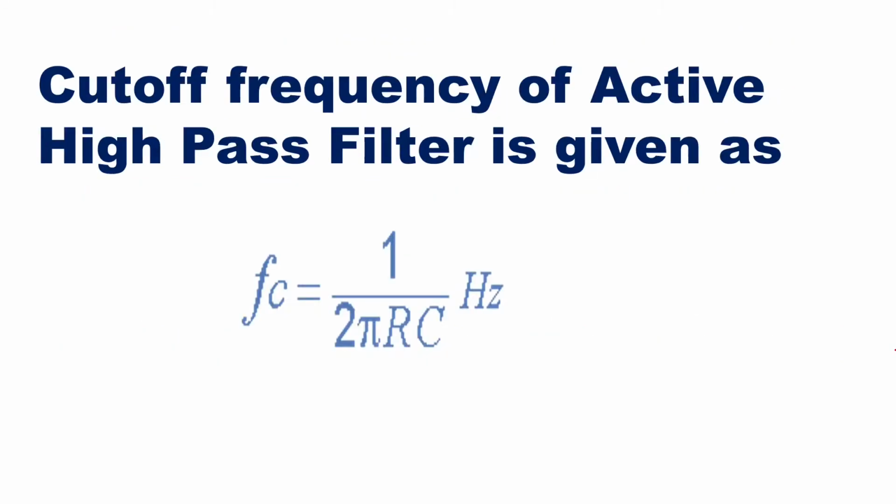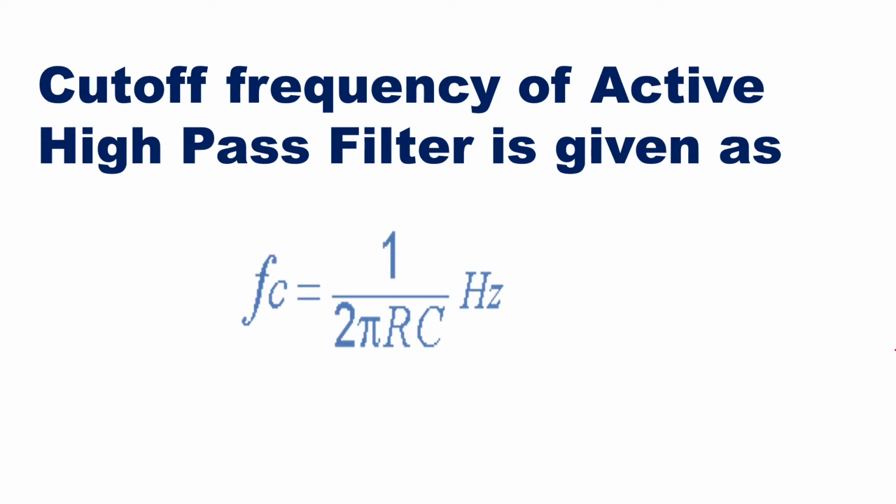Now if you go to see the formula for the cutoff frequency, the cutoff frequency of an active high pass filter is given as Fc = 1 / (2 pi R C), where R is the resistance in parallel with the input and C is the capacitance in series with the input.